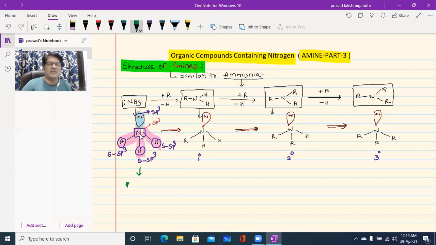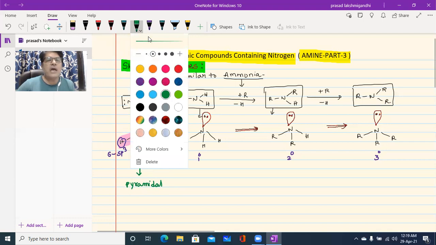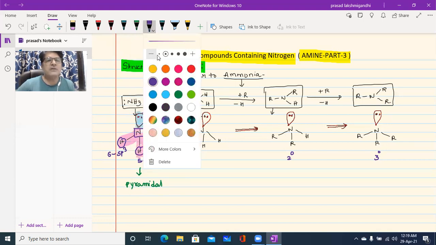But here, due to the presence of the lone pair, the geometry changes from tetrahedral to pyramidal shape. Not only the geometry, even the bond angle is also changed.